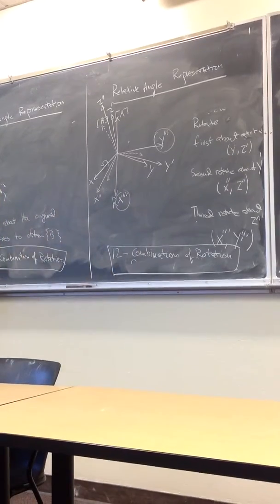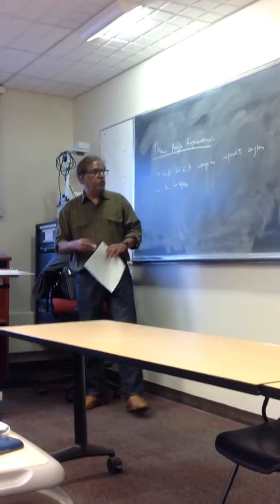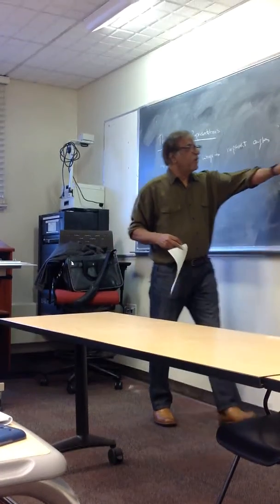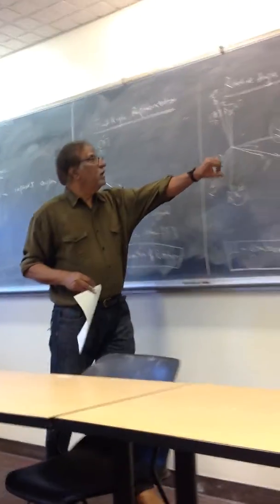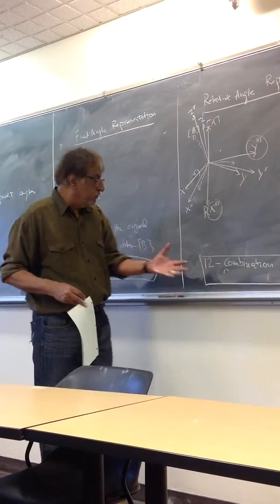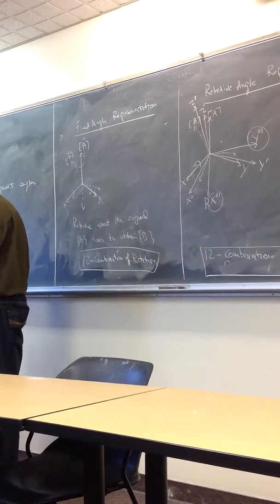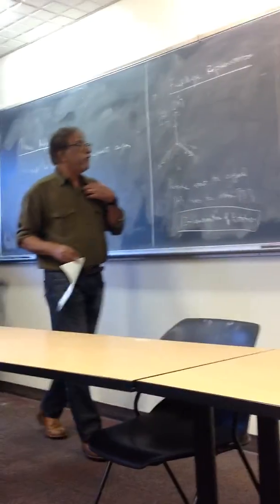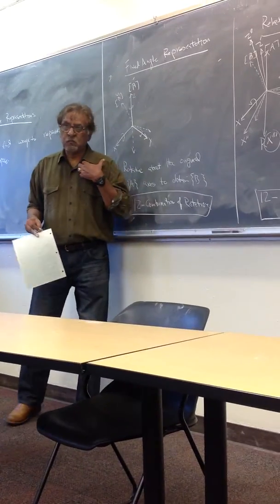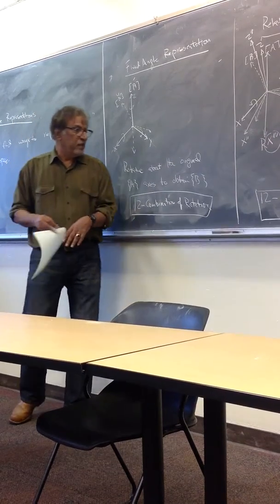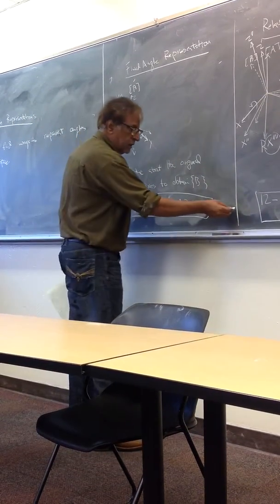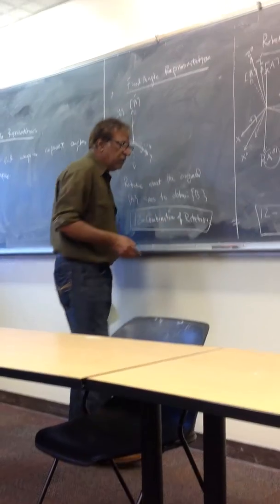So you see, depending on whether you use your fixed angle representations or your relative angle representations, you will have about 24 different combinations that could result from going from frame A to frame B. But it also happens that these two are actually equal in representation.